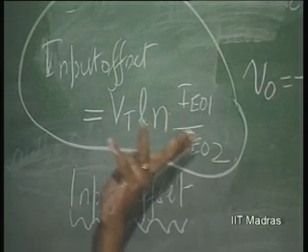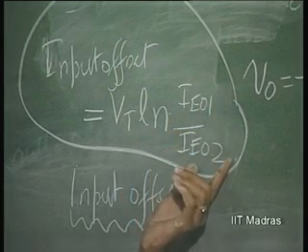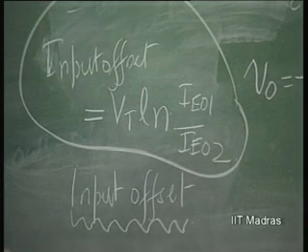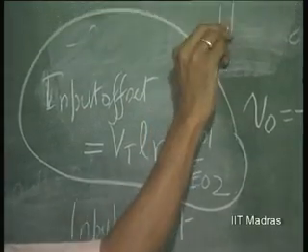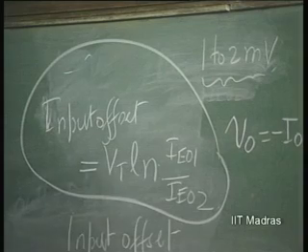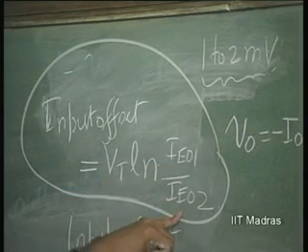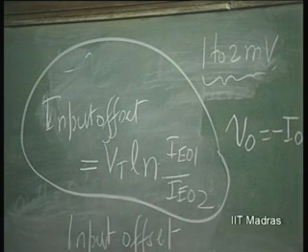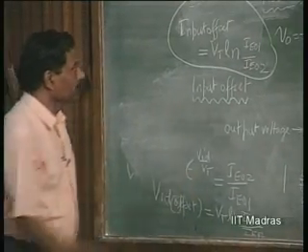It may be positive or negative depending upon whether IE01 is greater than IE02 or less than IE02. The order of this is typically about a few millivolts, say 1 to 2 millivolts, because VT is about 25 millivolts, and IE01 by IE02 is practically close to 1. That means log of 1 is pretty close to 0.